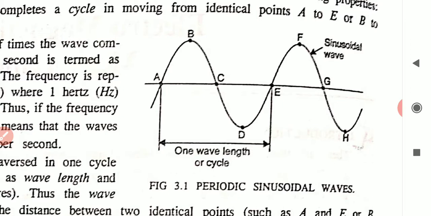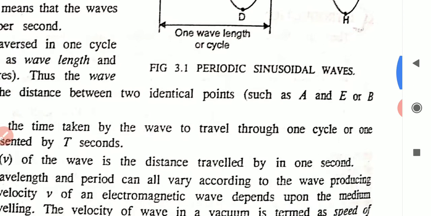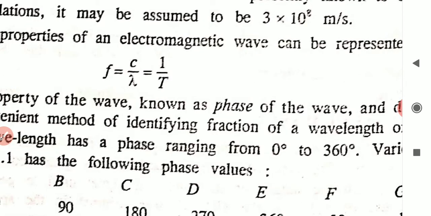Thus the wavelength of a wave is the distance between two identical points, such as A to E or B to F. Then the time taken is t, in seconds, and the wave travels with some velocity, measured in meters per second. The velocity of light is 3 into 10 raised to 8 meters per second. Then the frequency formula is f equals c by lambda, equals 1 by t.